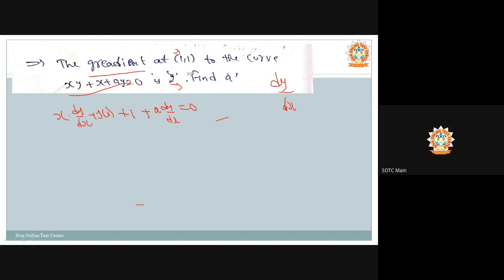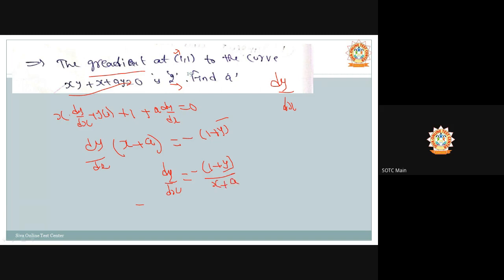So now take dy by dx common here. If you take dy by dx common, it will come x plus a, and send the remaining things to this side, minus of 1 plus y. Now what will dy by dx become? Minus of 1 plus y divided by x plus a.